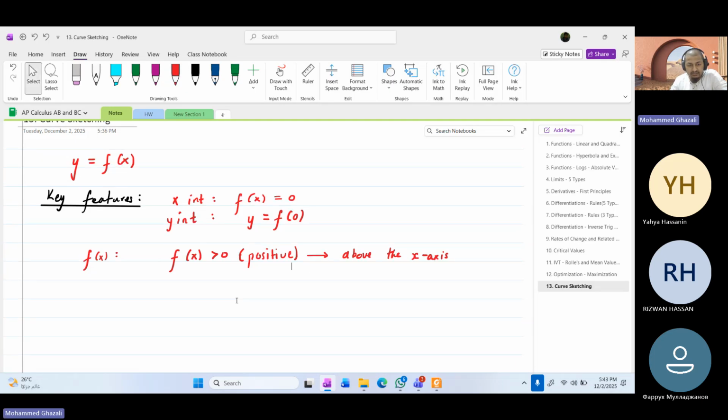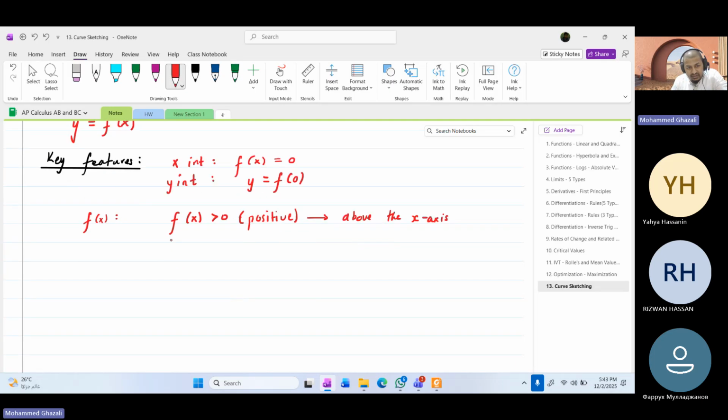Then what about f of x equal to 0? When it's equal to 0, we are looking for roots, which are basically the x-intercepts. When f of x is less than 0, we're looking for negative values, so we're looking for when the function is below the x-axis.